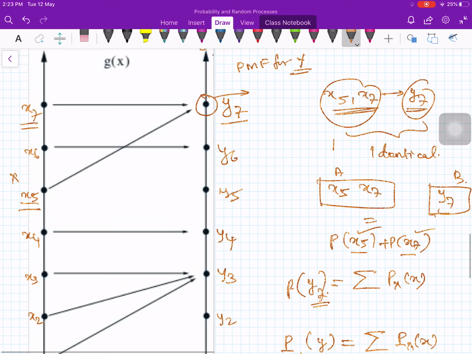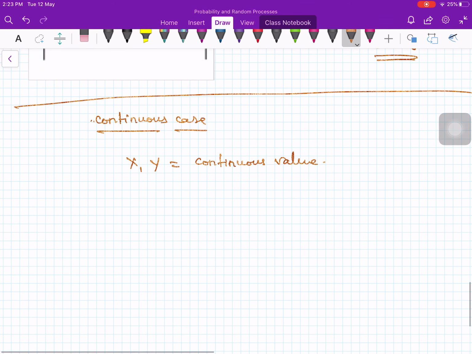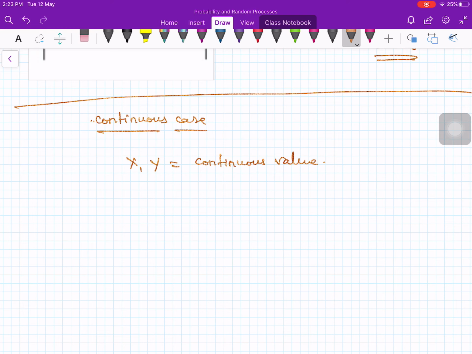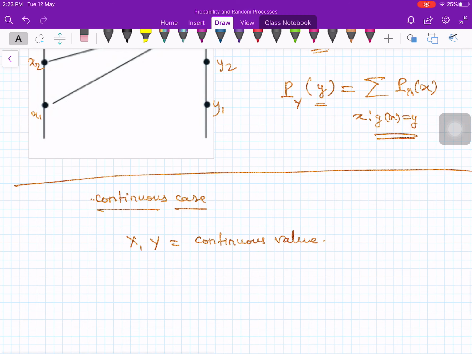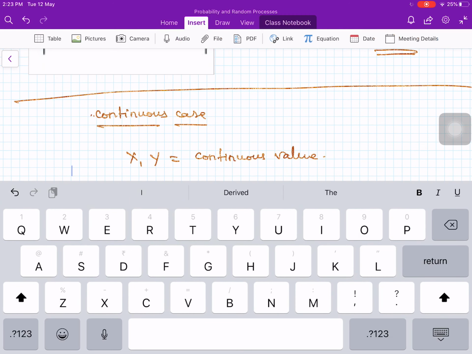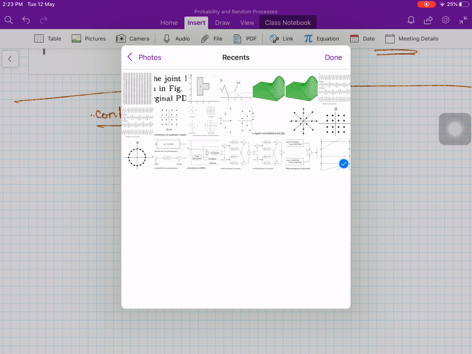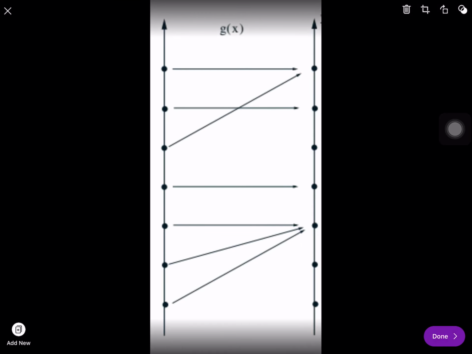Let's say this is y7. Maybe I'll use the same picture again one more time so that it will not give any confusion. Insert picture, same picture. Done.